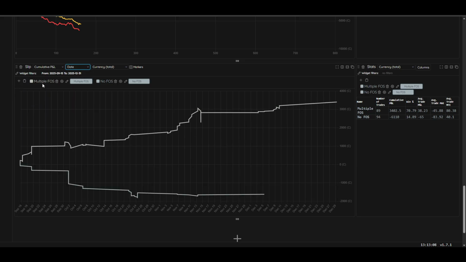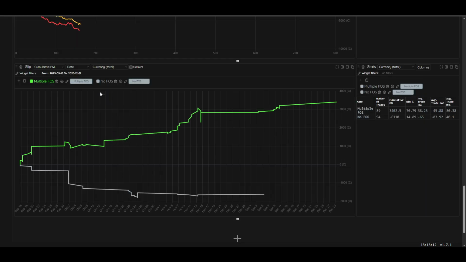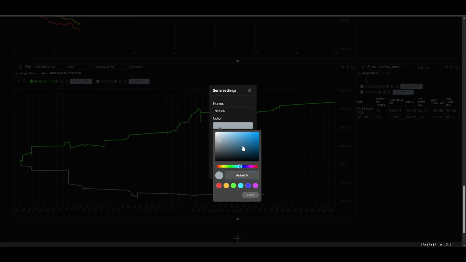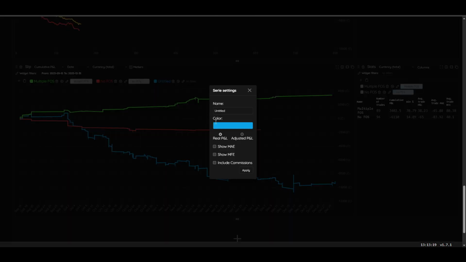Okay, click on that toggle. Let me see your screen.